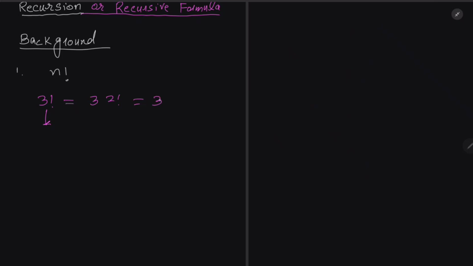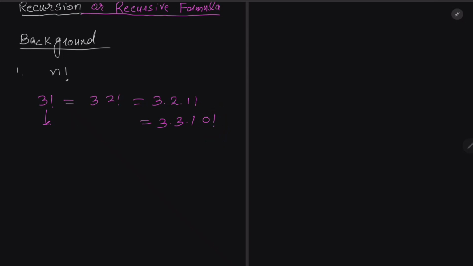Then 2 factorial can be written as 2 times 1 factorial, and 1 factorial can be written as 1 times 0 factorial. So what is the base over here? The base is 0 factorial.